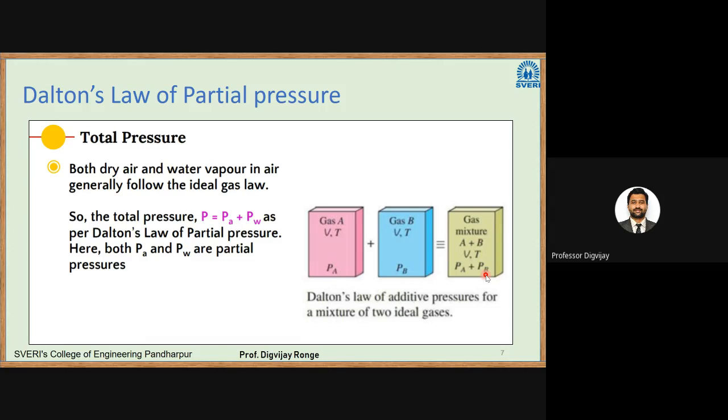So it works in that way. If I talk in terms of pressures, if there is a pressure of 100 Newton per meter square, my contribution will be 60 Newton per meter square and your contribution will be 40 Newton per meter square.